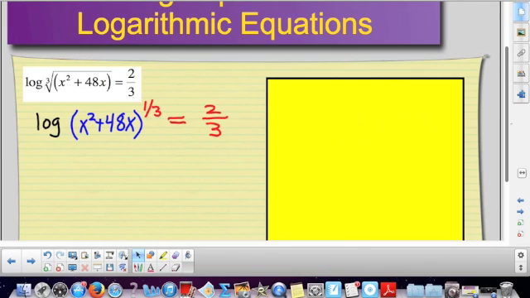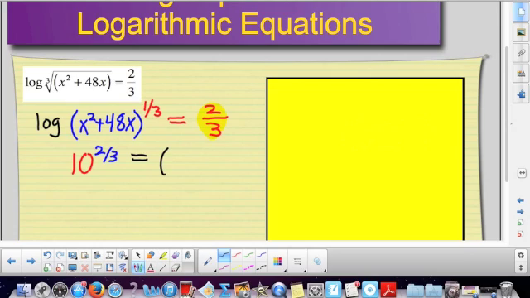So you already know if you have log on one side, not on both sides, to get rid of the logarithm, I'm going to take my base of 10 and raise it to my other side, the right hand side. So this becomes 10 to the power of 2/3 is equal to x squared plus 48x. Does everyone agree with that?